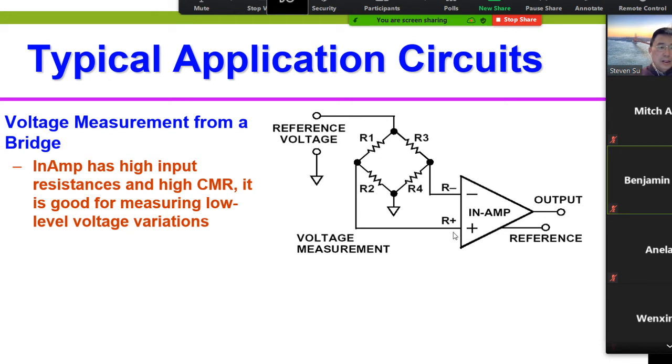Even if the input is a very high voltage, because the inputs are the same, your output should be 0, but you cannot get exactly 0.